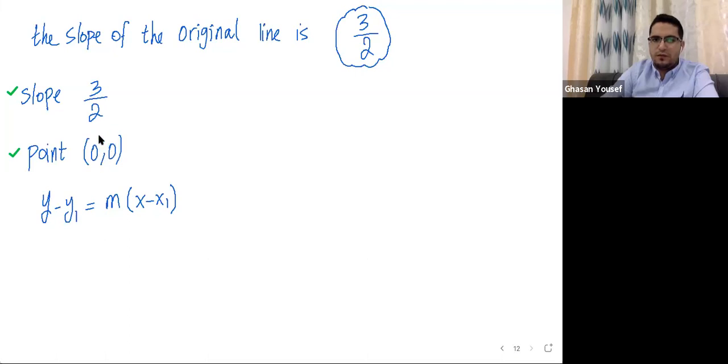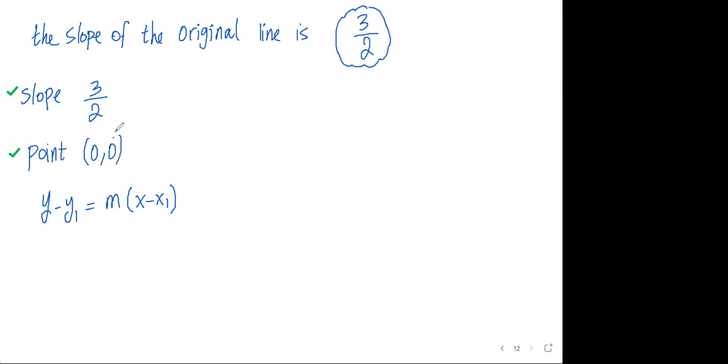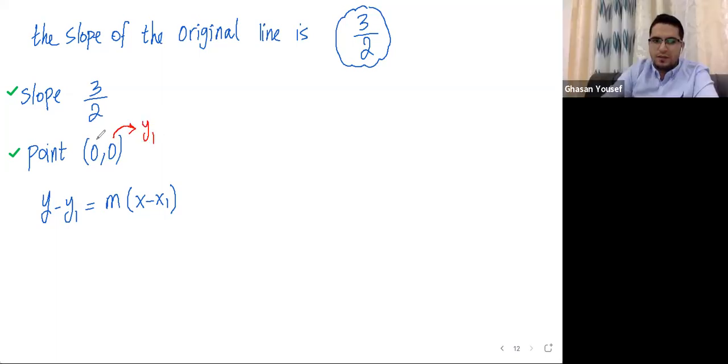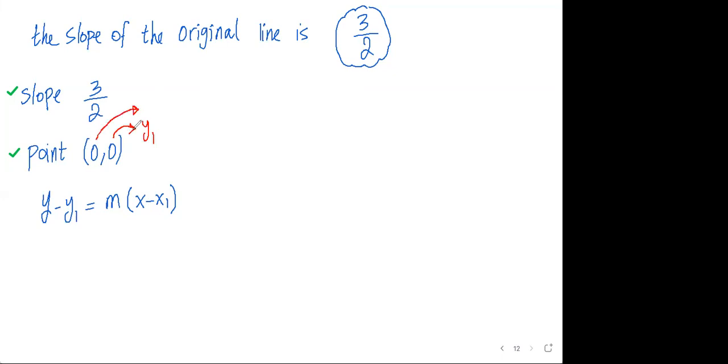What's the value for y1 from the point? 0. This is my y1. And what is my x1? Also 0.